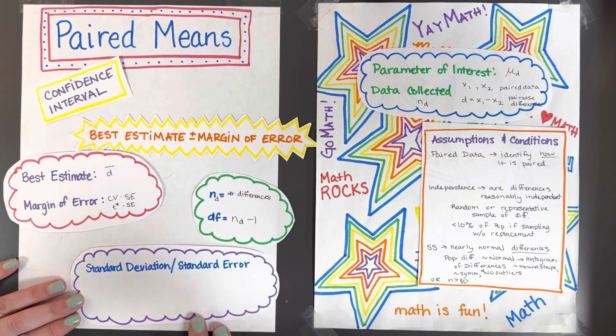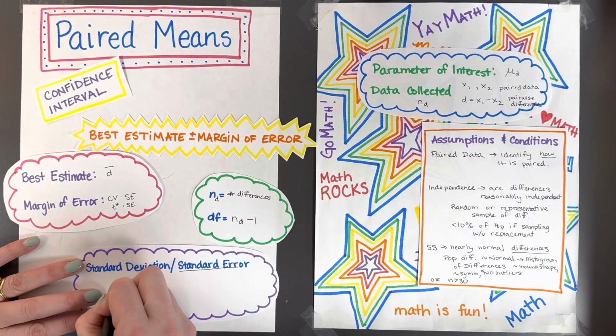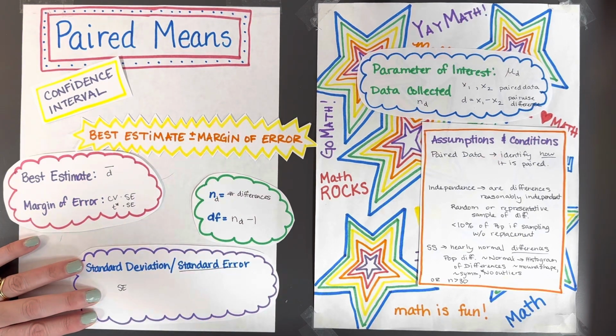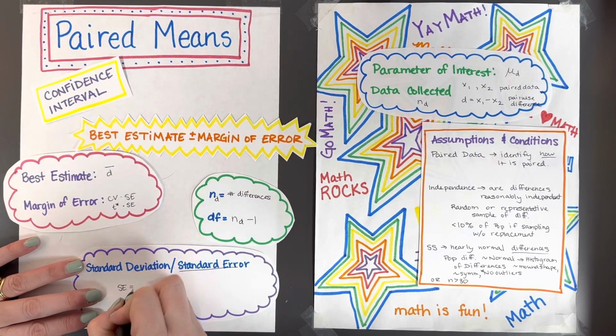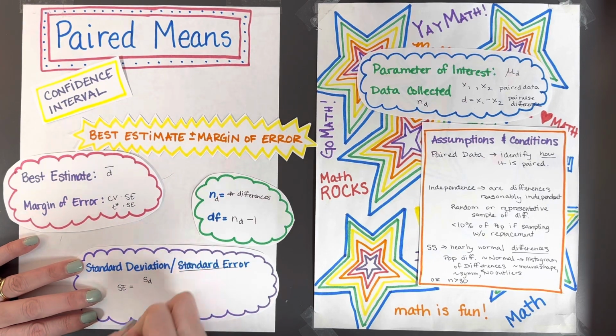We are going to be looking at standard error here because I don't know the true population standard deviation. Our standard error is going to be the sample standard deviation of differences divided by the square root of the number of differences.